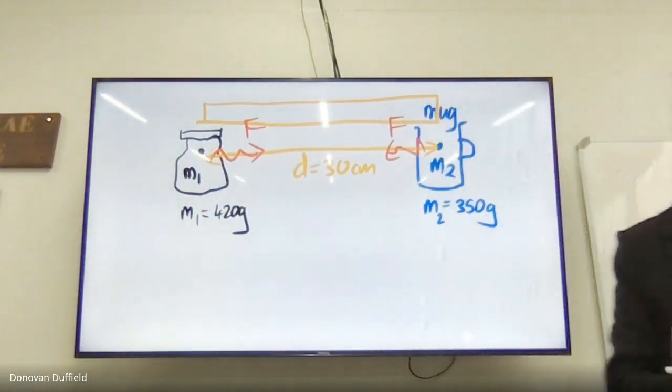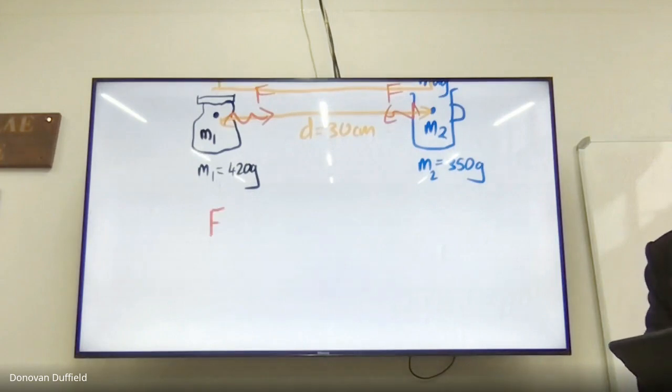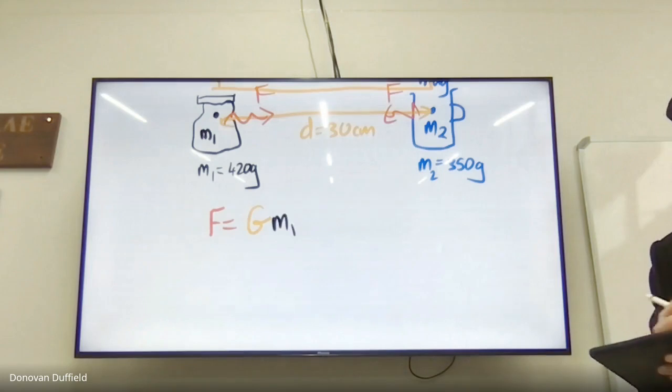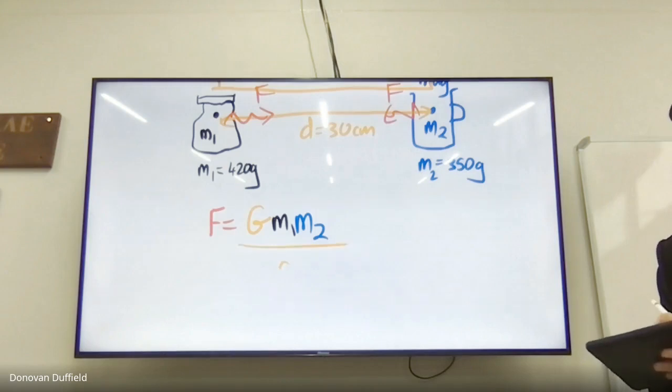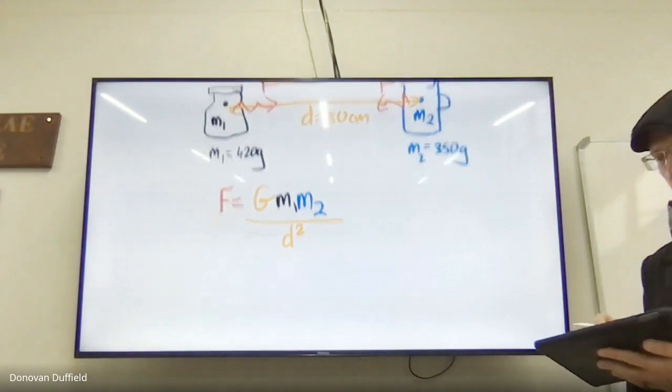Okay. Now, let's do this. F equals G mass 1 times mass 2 over the distance between them squared. So let's now go and put this in.